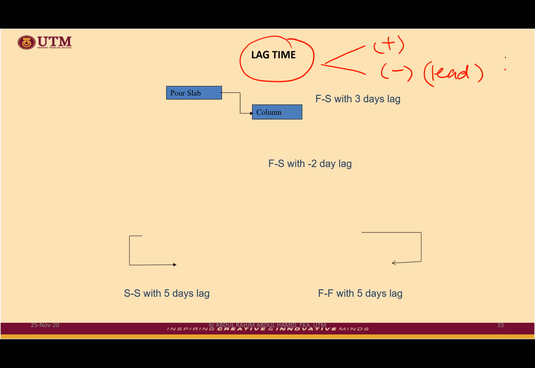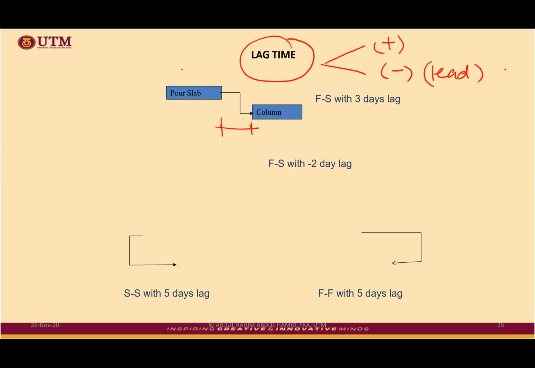Okay, post slab, or you construct wall, you construct floor. In Malaysia, for instance, we construct the floor, we post slab, wet concrete. Then we need to wait. You notice there is a drawing here, a waiting period.